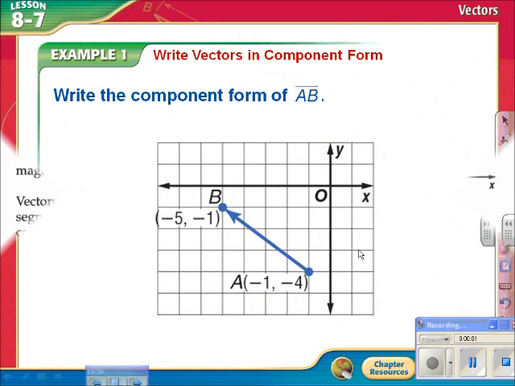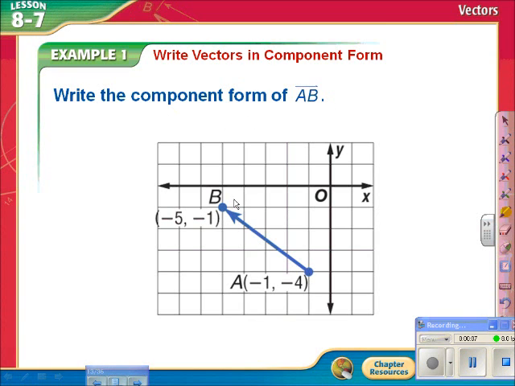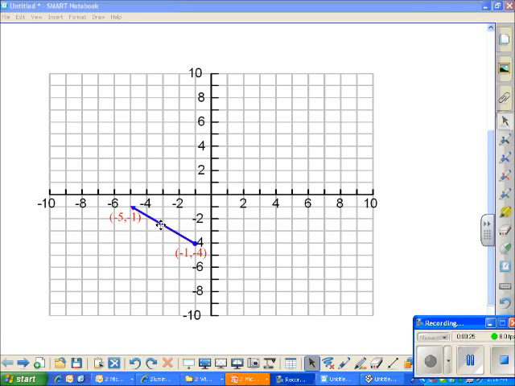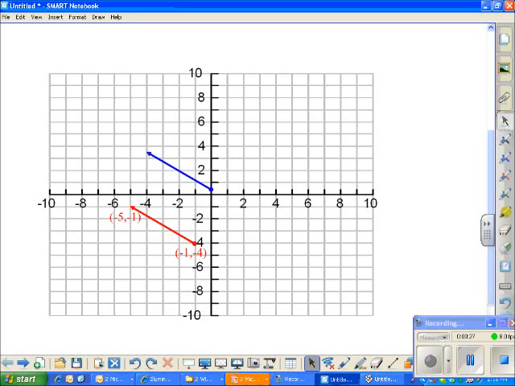Then you're going to write vectors in component form. So you're going to write the component form of vector AB. My initial point is A, my terminal point is B. That does matter. You're going to have to identify those. If I want component form, really all I have to do is slide this vector to where the initial point starts at 0, 0. On a graph, this is what it would look like. If this is my vector, I just grab the vector and slide it so that it starts at the origin.